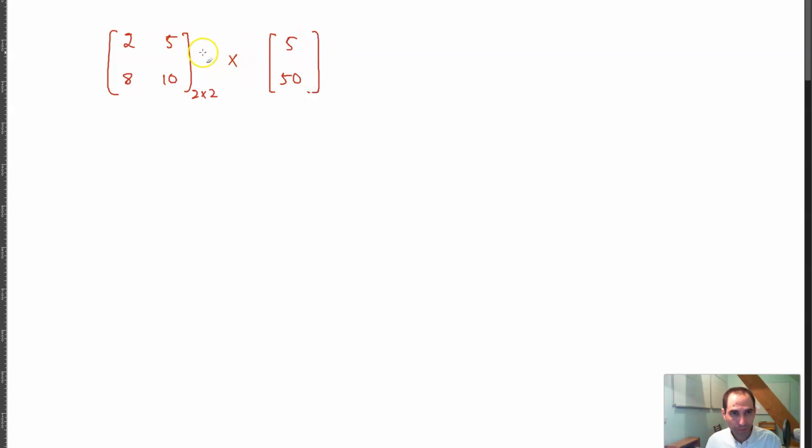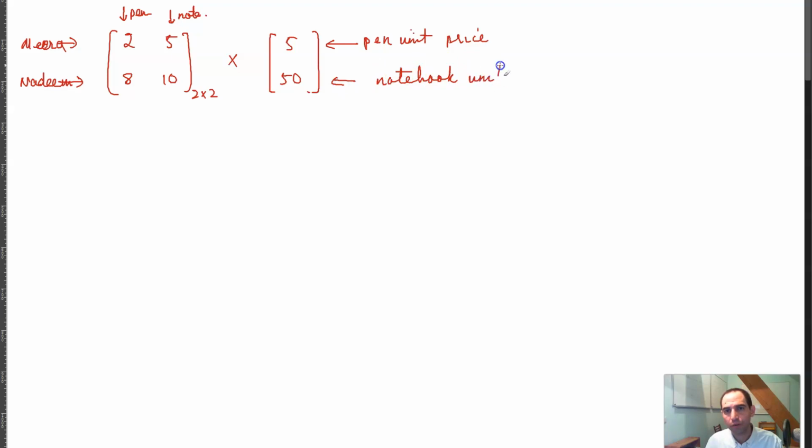Now, if I want to multiply these two matrices together, if this row represents Mira, and if this row represents Nadim, and if this column represents pens and this represents notebooks, and these represent the pen unit price and the notebook unit price, then of course, if I have the number of pens over here, there has to be a pen unit price here so that I can multiply them together.